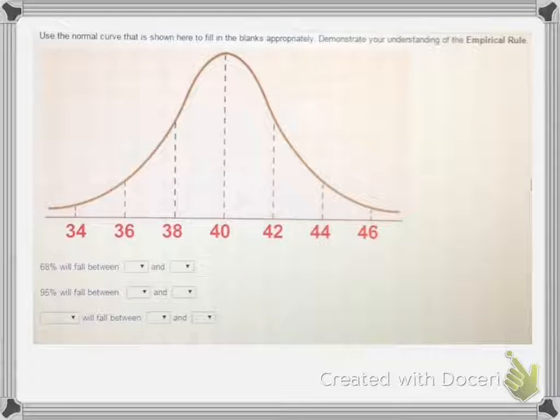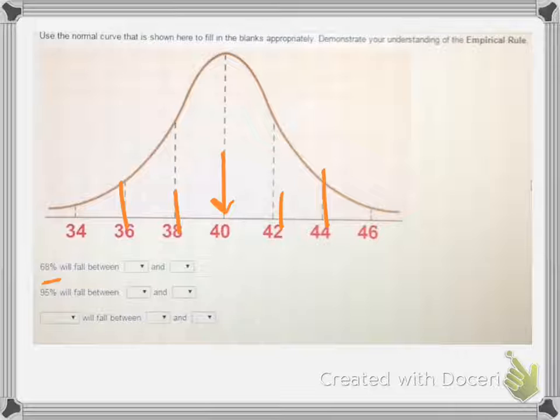Normal curves, again, your mean is in the middle. In this case your standard deviation is 2, because you're counting up by 2's or down by 2's. And you should just remember this: 68% are between these two marks here, one in each direction. So that's a 38 and a 42. 95% would be between 36 and 44.